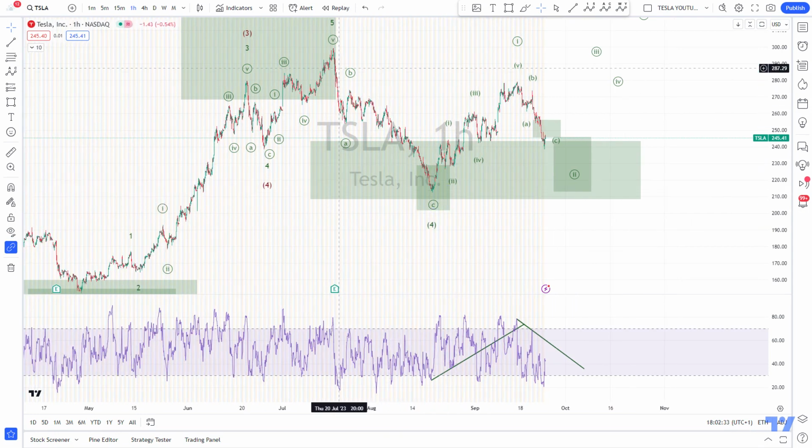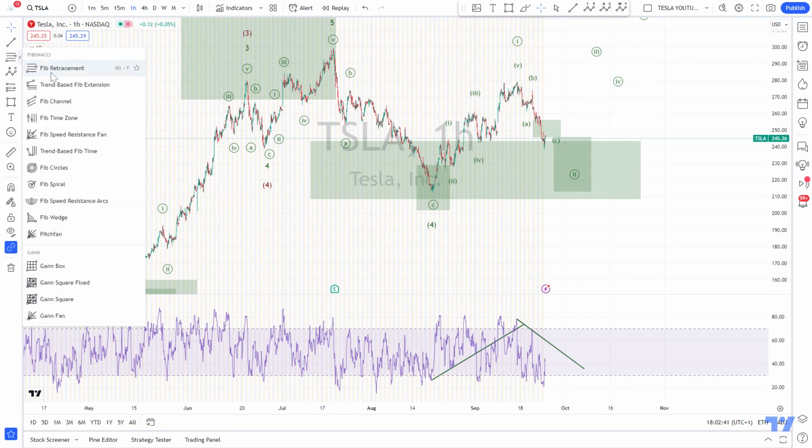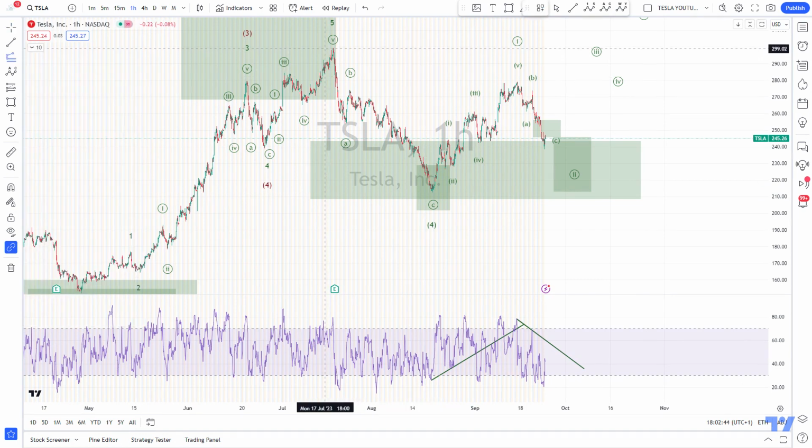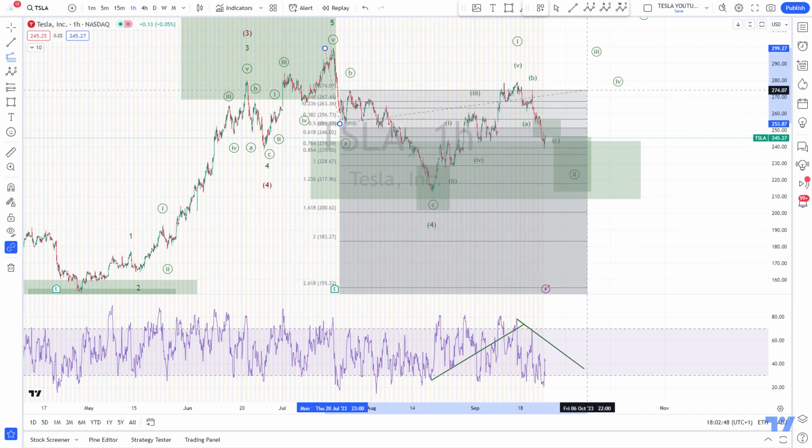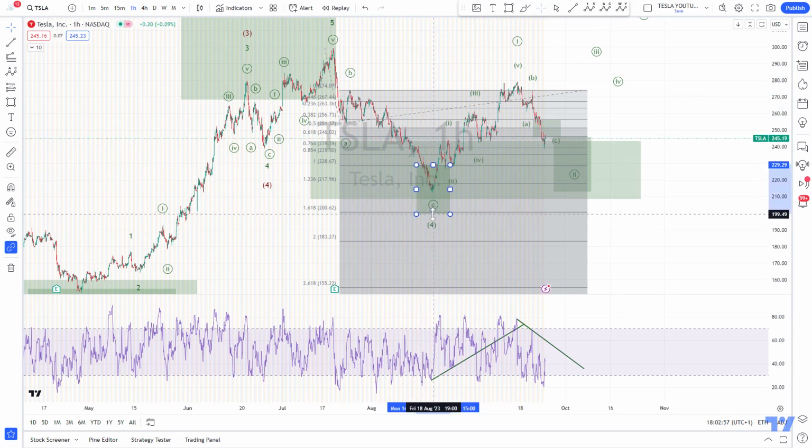And so I believe this here was the corrective structure as a wave 4, so as an A, B, C. So if we take the length of our wave A and the length of our wave B, then we should reverse from the area between the 1 and the 1.618 Fib extension.